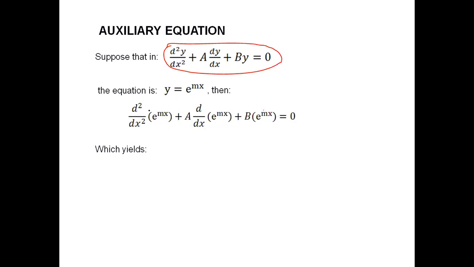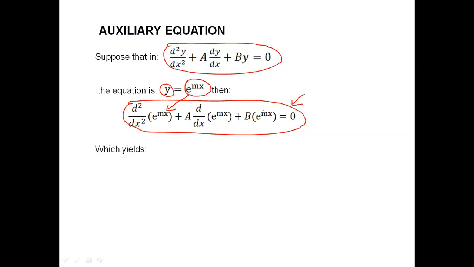In this equation, what we've done is that we've simply replaced, wherever there is y in the given equation, we've put e raised to the power mx. So this e raised to the power mx has replaced all values of y in the given equation, and therefore the resultant equation looks like this one here.